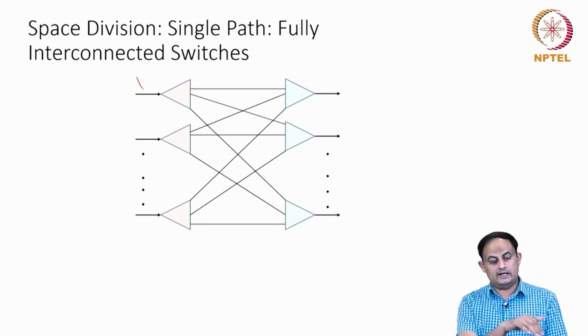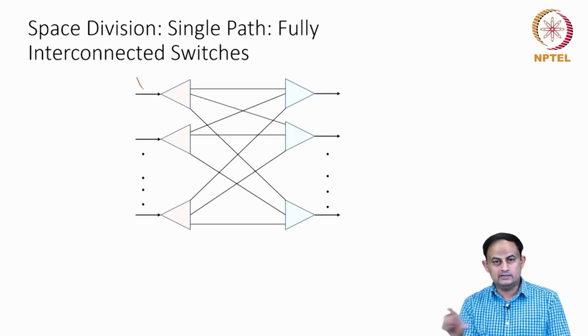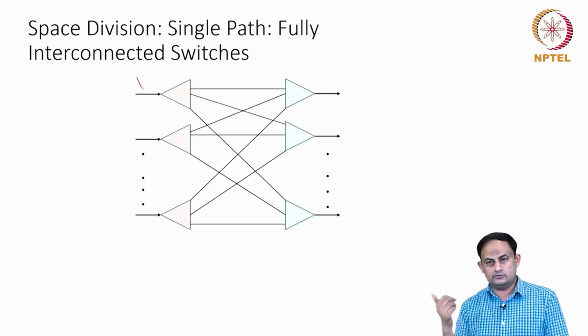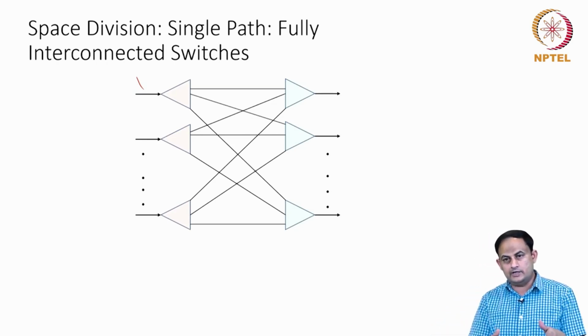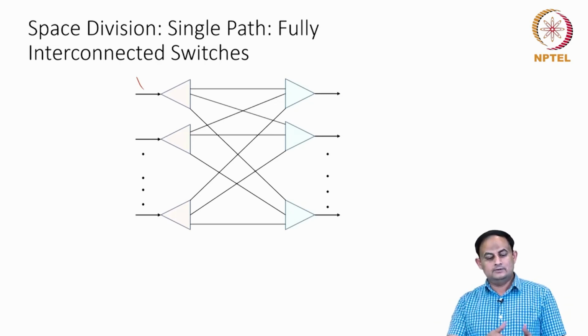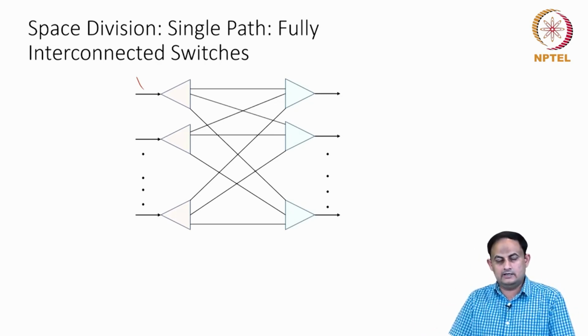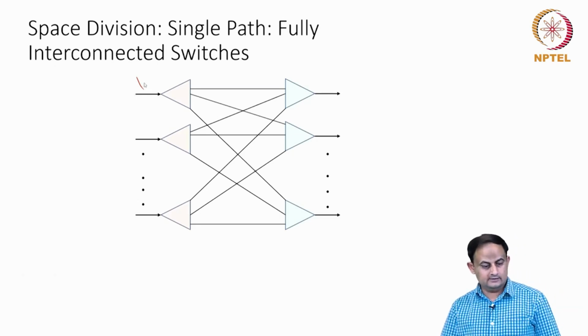That might happen, but the number of links that exist between the input port and output port is unique. That's why this fully interconnected switch falls under the category of single path. There is a unique path, and the input and output ports are directly connected with each other, and that's the example.